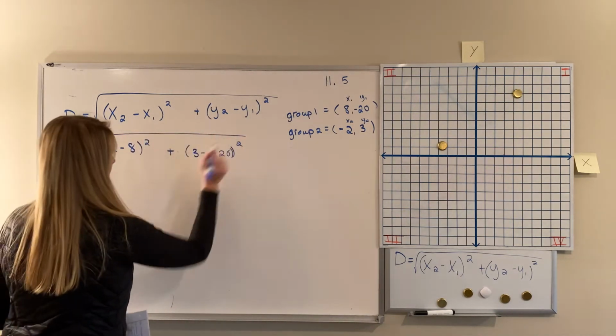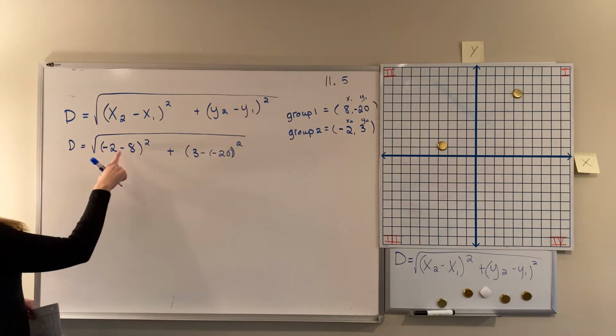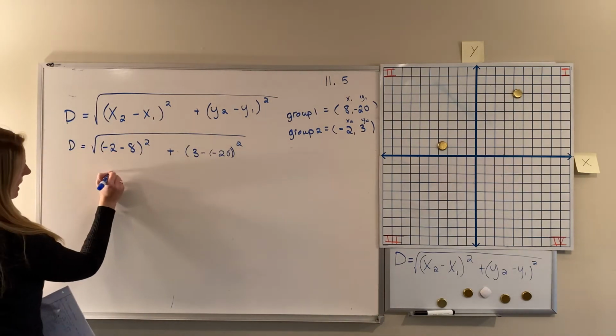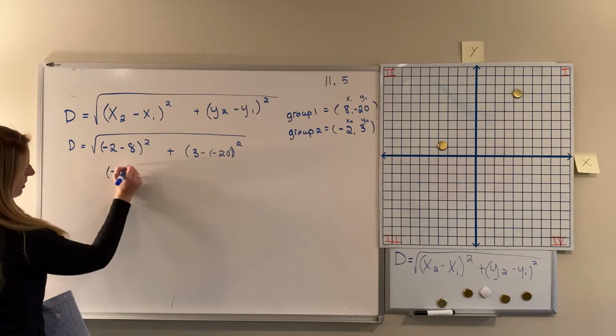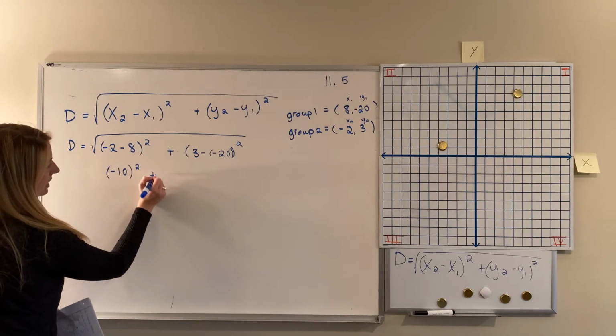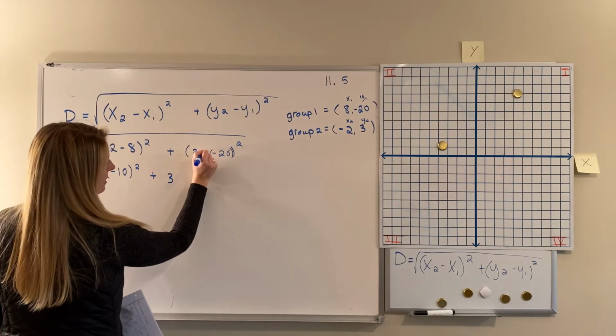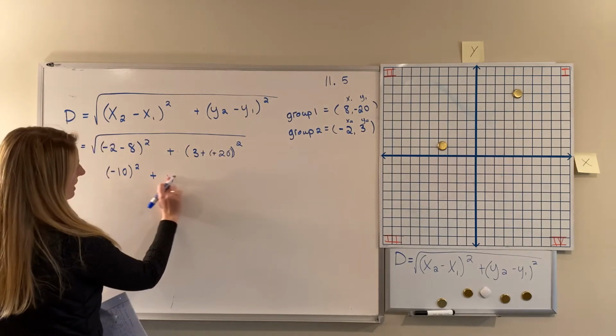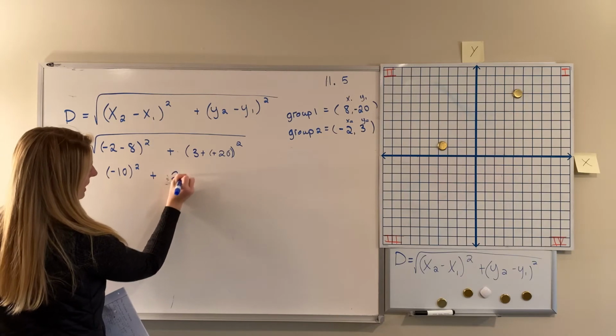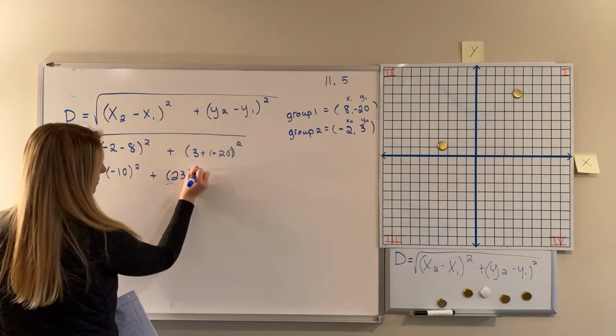All of this is underneath our square root. -2 minus 8 is going to be -10 squared plus 3 minus a minus 20 becomes addition, double negative. And so we end up with 23 squared.